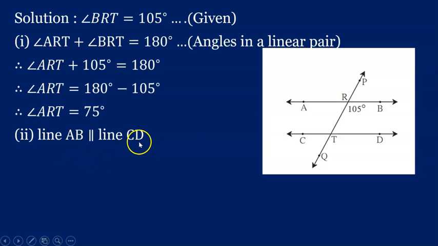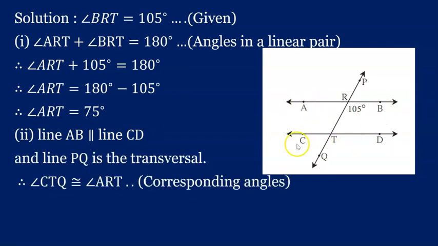Next, line AB is parallel to line CD. See this here, AB is parallel to CD, and PQ is their transversal. Therefore, angle CTQ is congruent to angle ART.